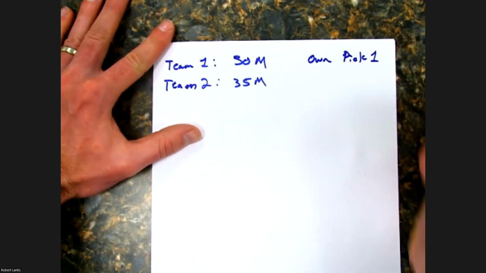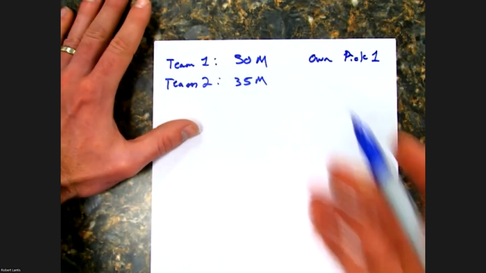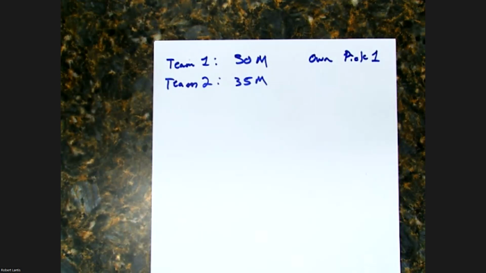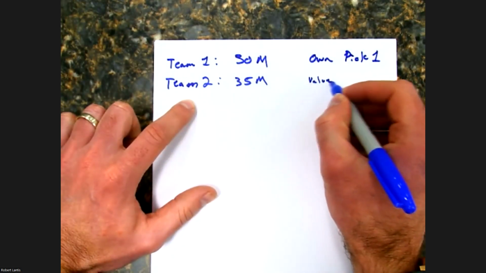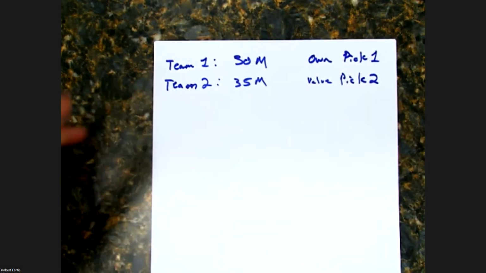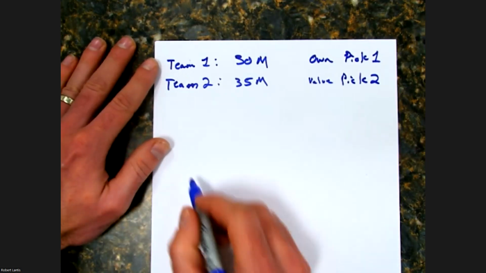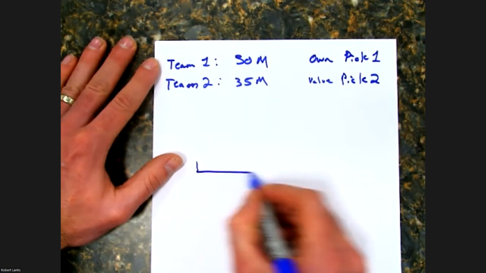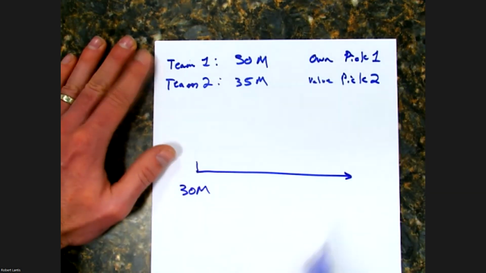Team 2 says, if I could get that pick, the value of it to me would be 35 million. So under this model, team 1 would be willing to trade that pick if offered anything over 30 million.